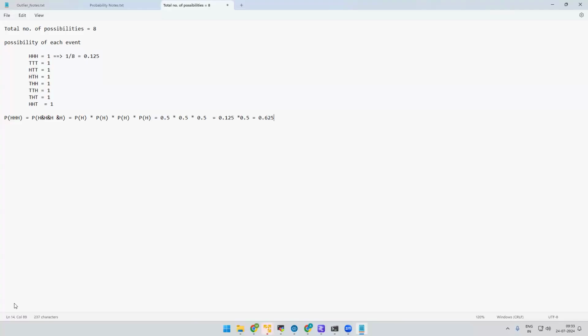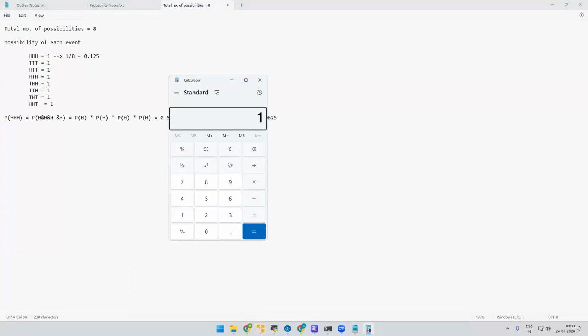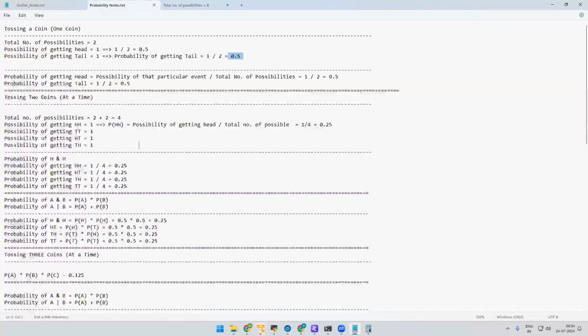It's going to be 0.0625. Yeah, it will be halved. So 0.0625.